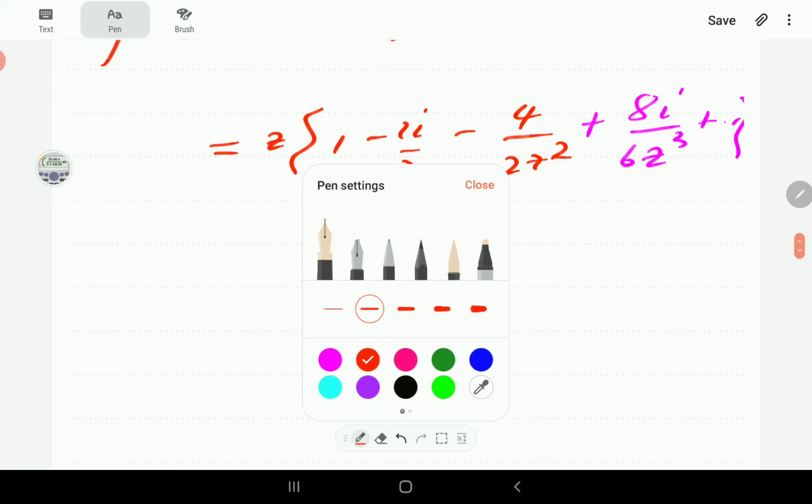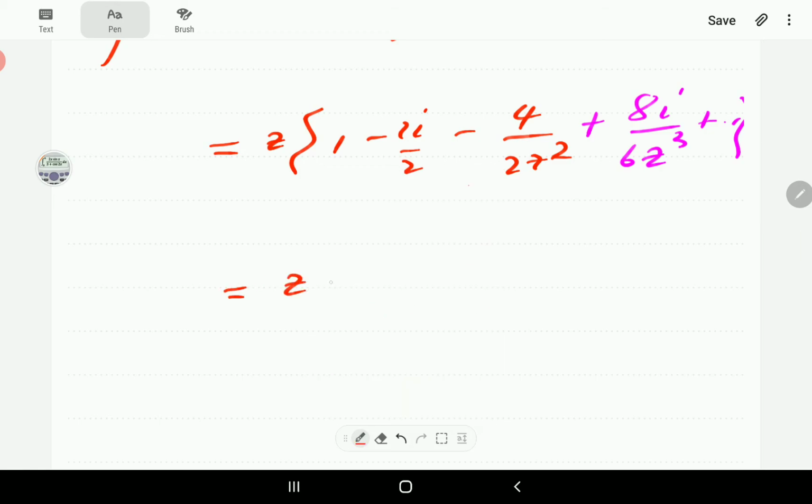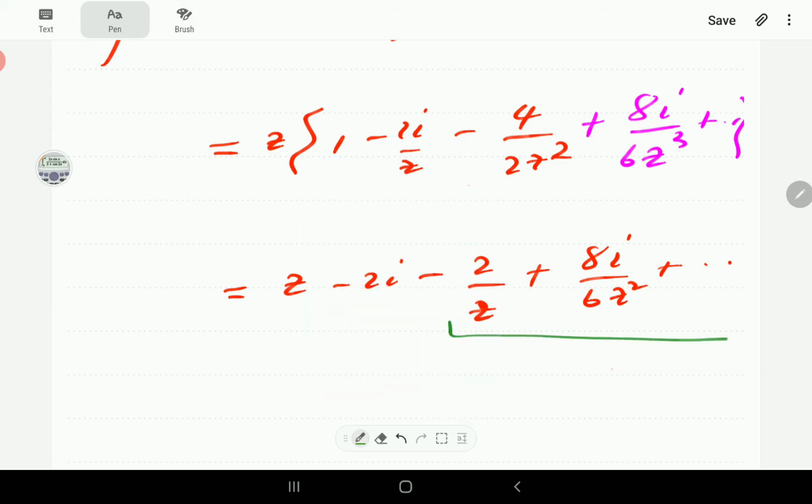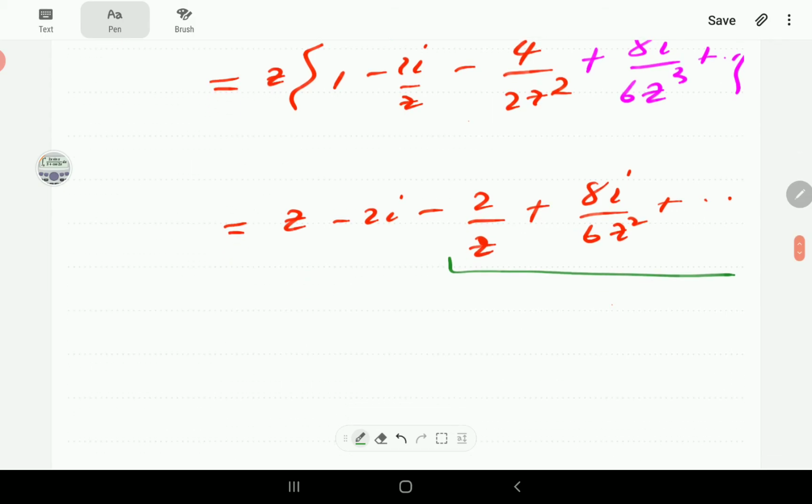And then if we multiply through by the z, that's going to be z minus 2i minus 4 over, it's just going to be 2z, and then plus, if we multiply this thing by z, it's going to be 8i over 6z squared, etc. So the principal part of this, you can see here that the negative powers are going to keep going.